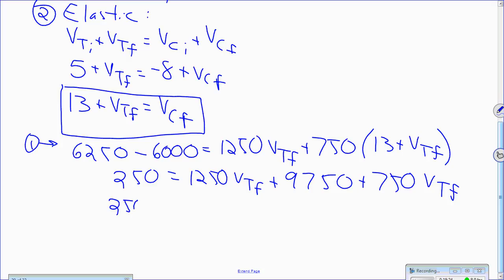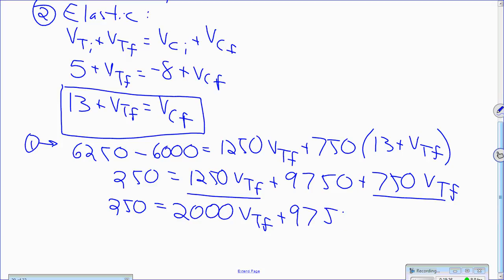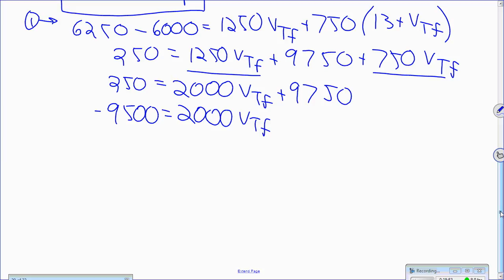So 250 equals 1250 VTF plus 750 VTF, which is 2000 VTF, plus 9750. So subtract 9750 and you get negative 9500 equals 2000 VTF. So VTF turns out to be negative, whatever 9,500 over 2,000 is. 4.75, very good. That's good, because I did it a different way, but got the same answer.